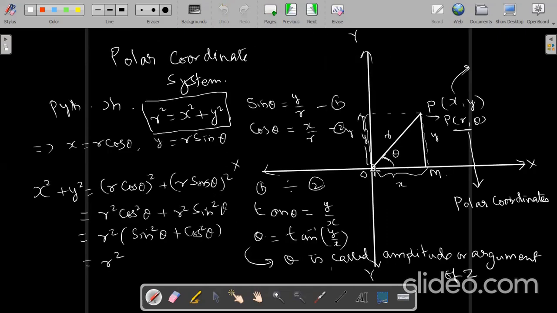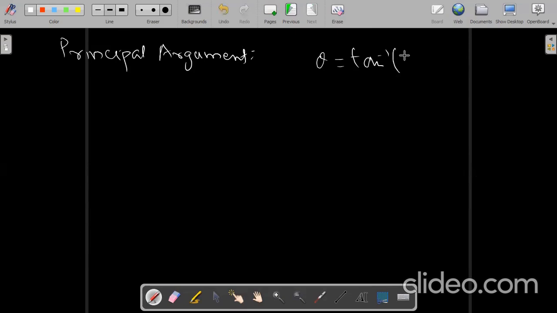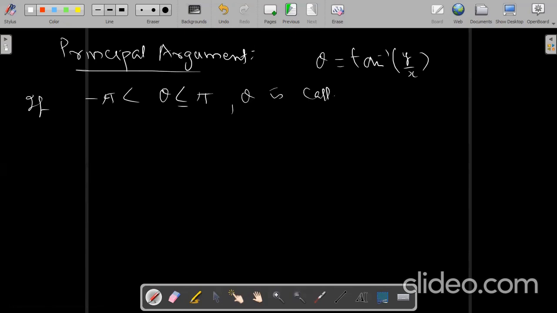It is an argument, but if theta is between minus 180 degrees and 180 degrees, then it is called the principal argument.